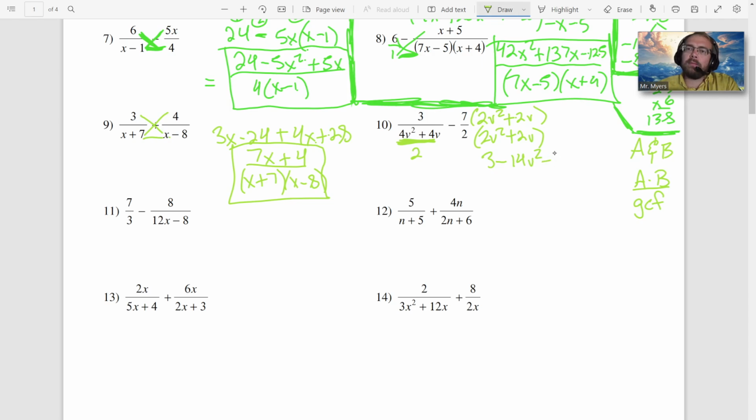So minus 14v over. I'm going to want to factor the bottom just in case I need to factor the top. I don't think I need to factor the top, actually. But I guess you can go ahead and write it like that then. So 4v squared plus 4v. You could factor that out, though. You could factor out a 4 and a v, and then you would just have v plus 1 left over. But it looks like the top isn't going to factor, so we don't have to worry about it.